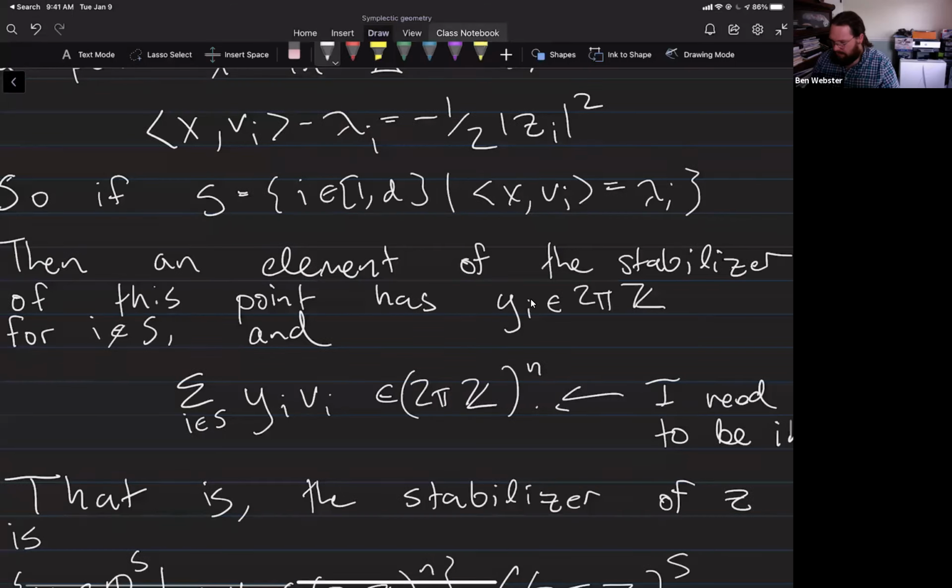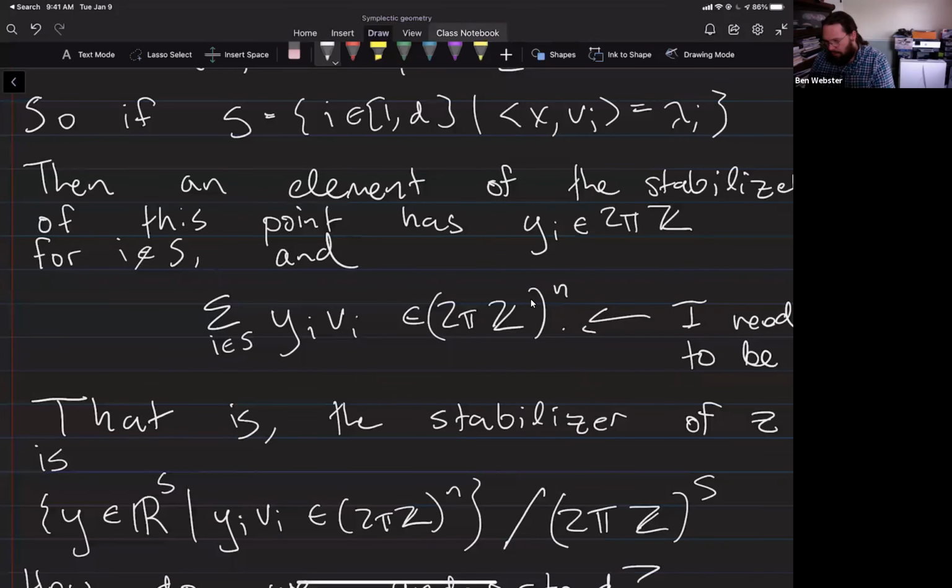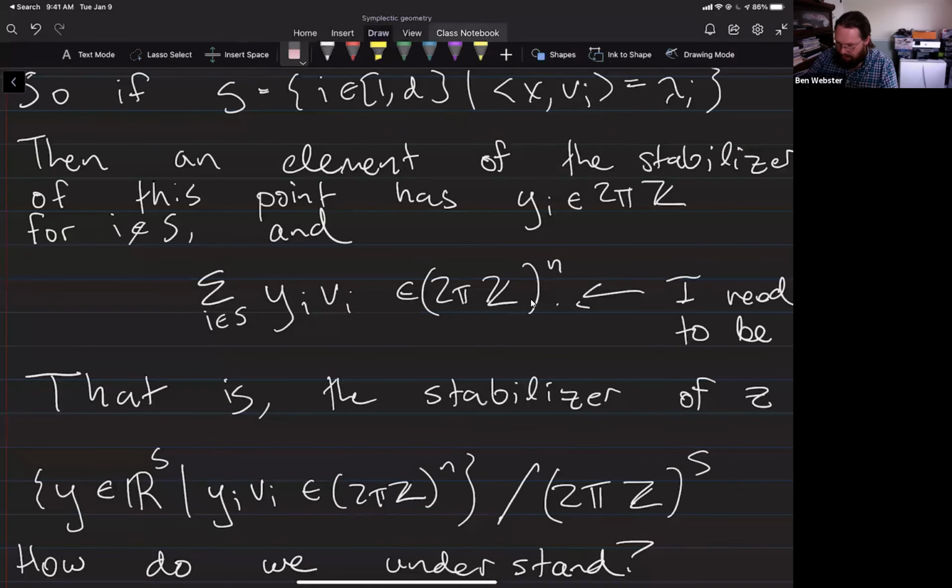All right. So just writing this a bit more carefully, we can identify the stabilizer of this point Z in G with choosing YI's for every element of S. All the ones outside of S have to be trivial, or else I wouldn't be in the stabilizer, such that when I take the linear combination of these Vi with these coefficients, I get something that's in 2 pi Z to the N. And then I mod out by the fact that these are only well-defined on the circle.